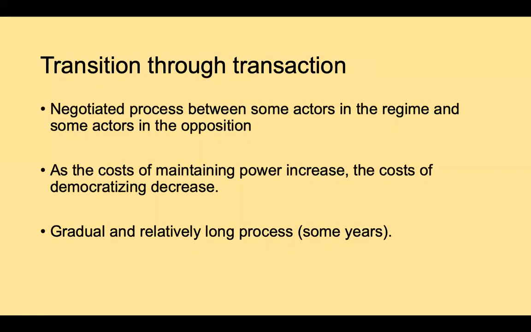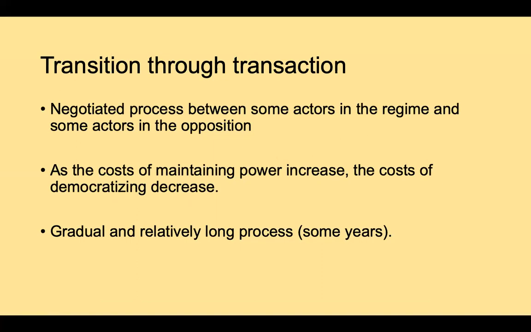And so this is a really long process. It's a series of negotiations or bargains that takes place. And what it's characterized by above all is the way in which the authoritarian elite face mounting costs to remaining in power and falling costs to democratizing.